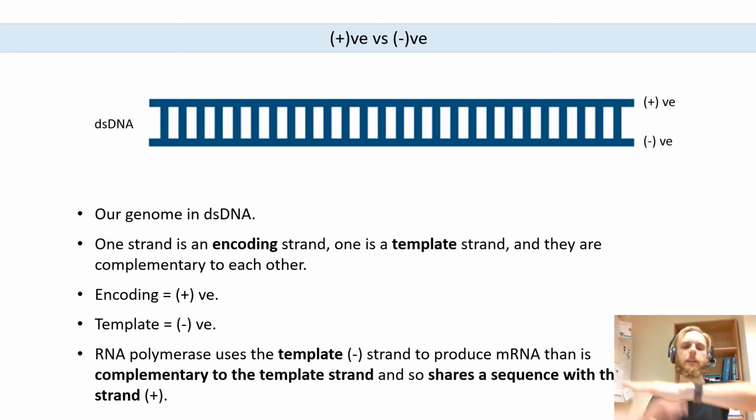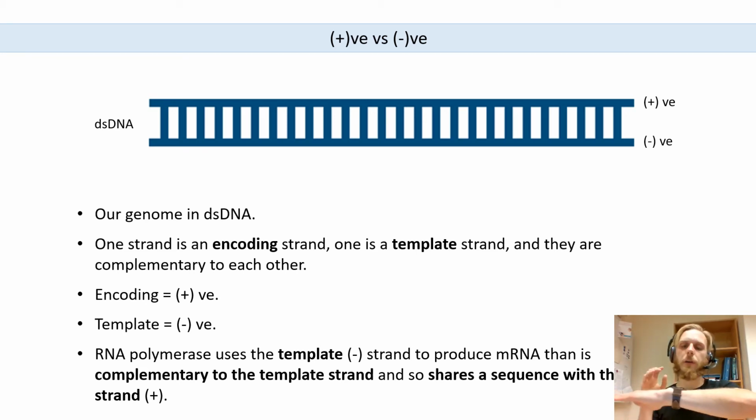If we have a single-stranded genome, which we do for the single-stranded RNA viruses we're talking about, that strand can be positive or negative. That means it can be template or encoding. So this strand can either directly carry the information that determines the amino acid order, or it can be complementary.